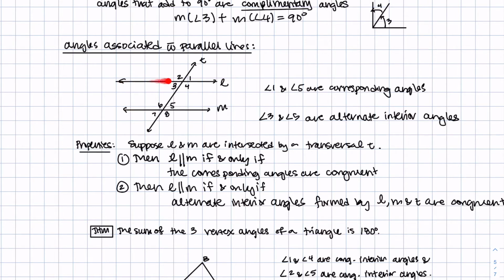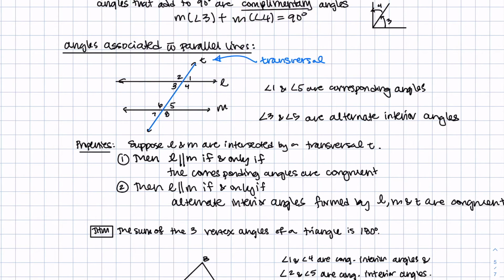So let's say we have this line L and this line M, and we want to know if they're parallel. One way we can do that is by drawing this blue line, which is called the transversal. It transverses these two lines M and L.